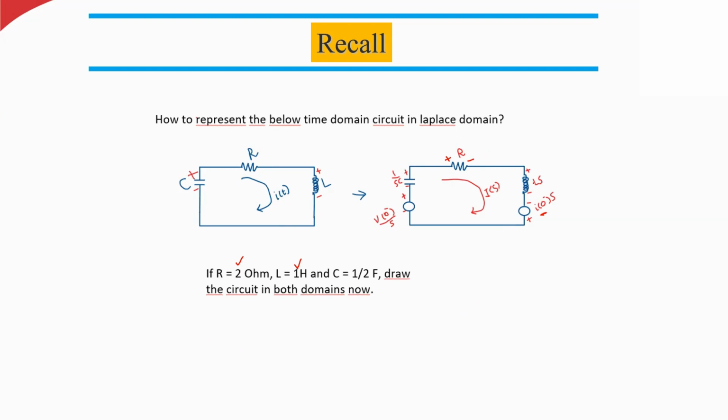Instead of using R, L, C as variables, apply the particular values and draw the same circuit. This is just a small task for you. If you are done with this, then we are done with this lecture, and we will solve problems in the next lecture. Thank you.